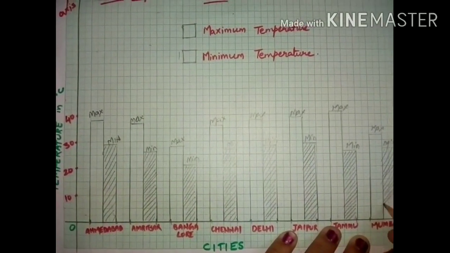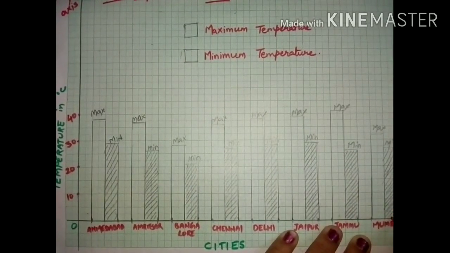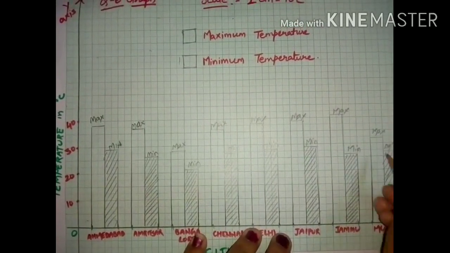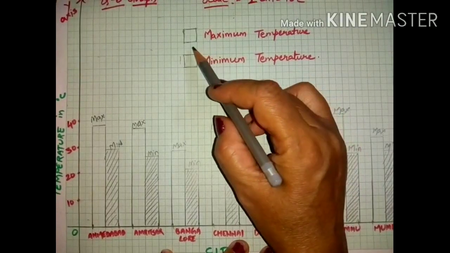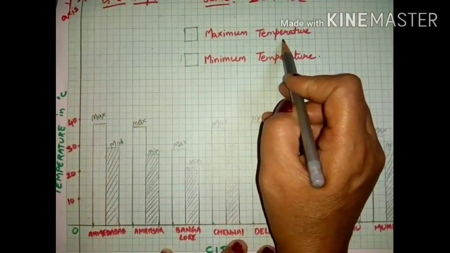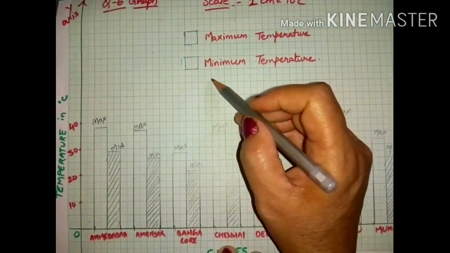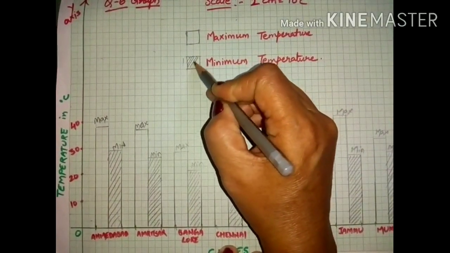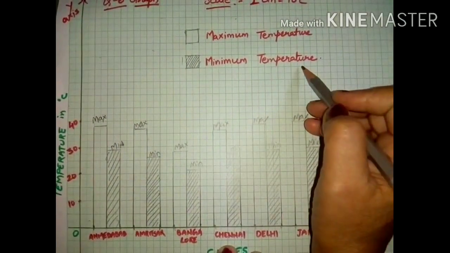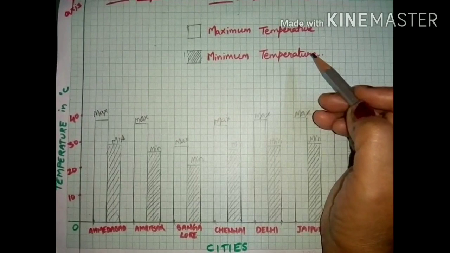In this way we will shade the second bar. Now here we have to show the squares. Blank square for maximum temperature, that is the first bar, and shaded square for the minimum temperature, that is the second bar. So our graph is ready.